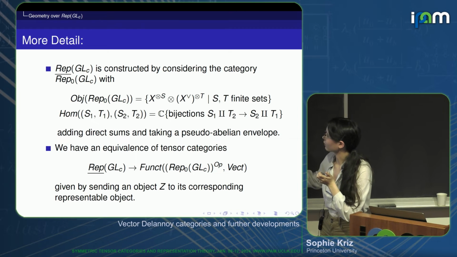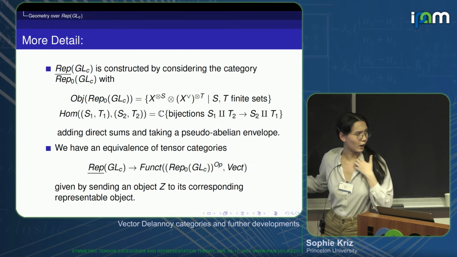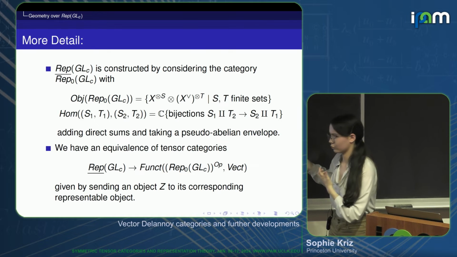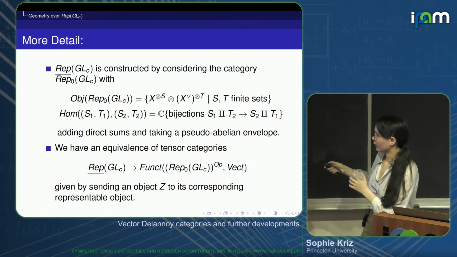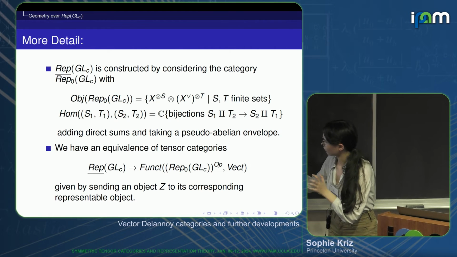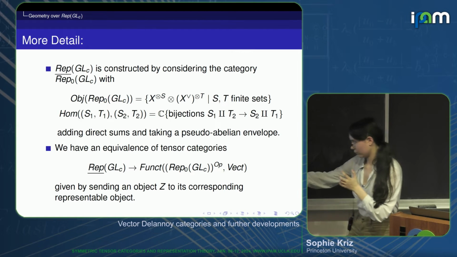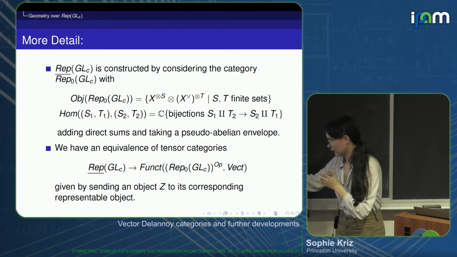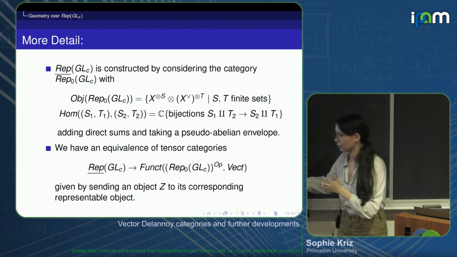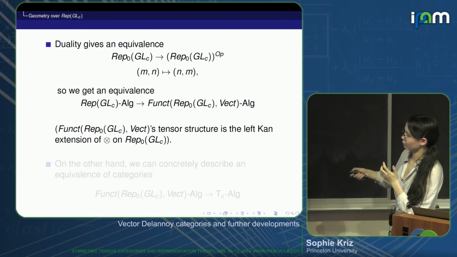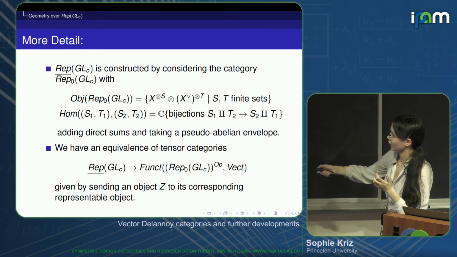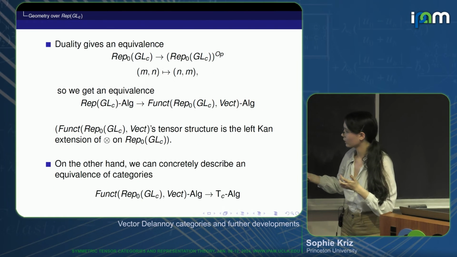So we can see the resemblance already with the construction of the T_C algebra. Since I'm running a little short on time, I might breeze through this part, but basically I construct an equivalence between Rep of GL_C and a category of functors from a diagrammatically described category to vector spaces.